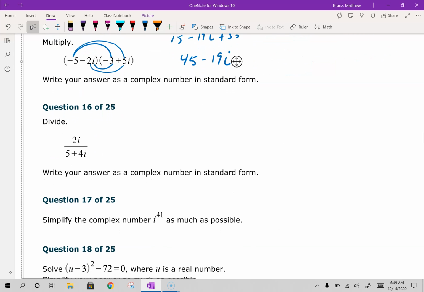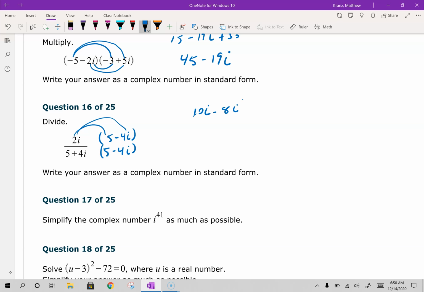Okay, now we're going to divide. When we divide, all we're going to do is multiply by the conjugate on the bottom. 5 minus 4i, and a 5 minus 4i. So on the top, if I take care of all this, that gives me a 10i minus 8i squared.